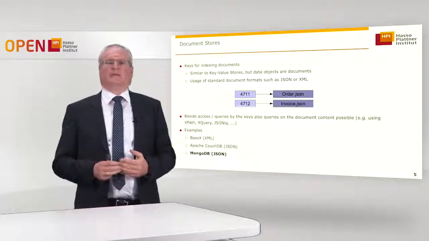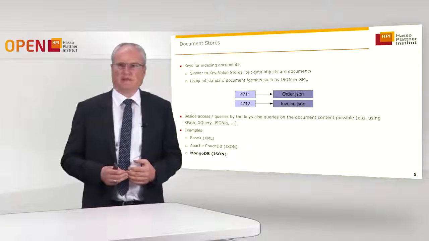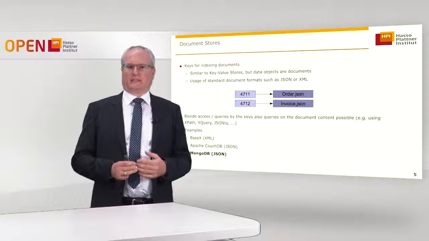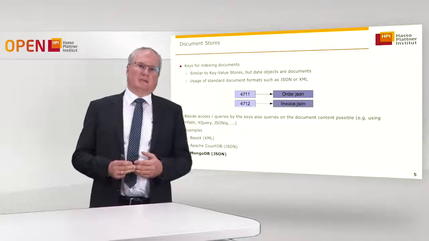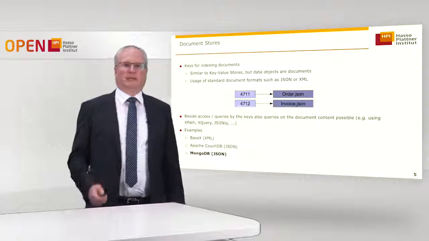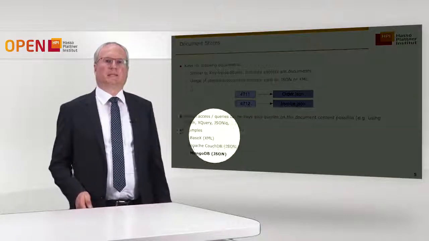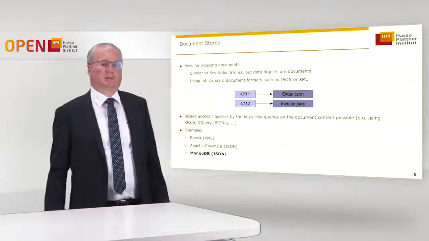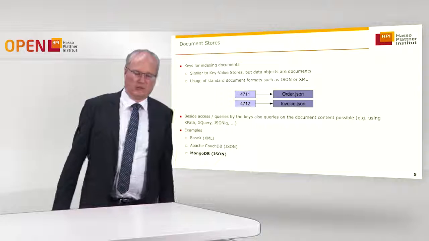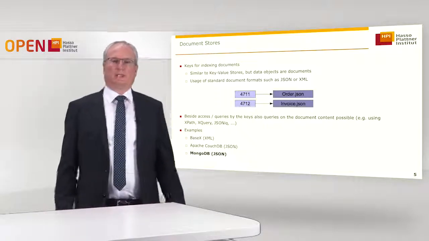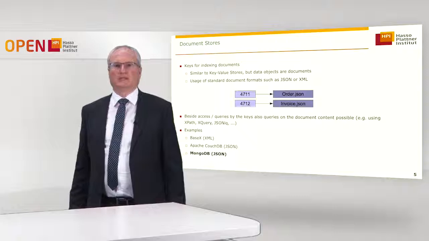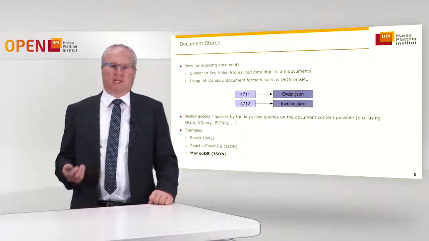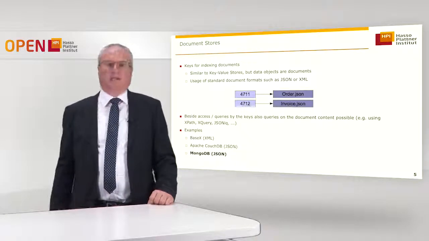Or it is XML, where you have the typical tags with the brackets and a hierarchical, self-describing document structure. Examples for these kinds of databases are BaseX, which is an XML-based database, or Apache CouchDB, which is JSON-based, or, of course, the most popular one that we will have a closer look at afterwards, MongoDB. MongoDB is probably the most popular NoSQL database, nowadays used in many types of applications, also business applications, and it's JSON-based, so it's a JavaScript-oriented database.